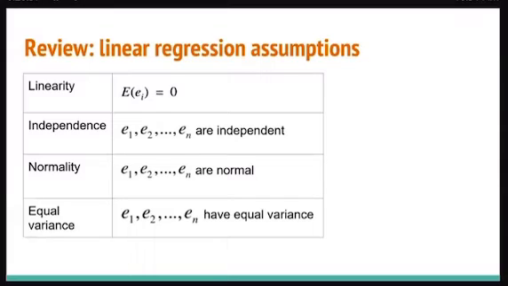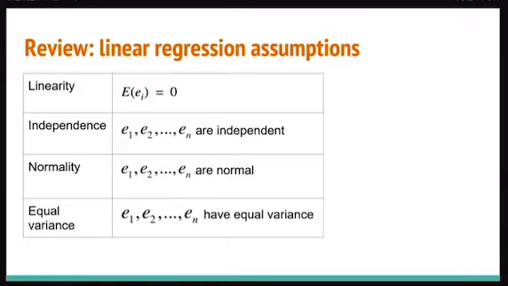Number two is independence. Number three is normality. Number four is equal variance. Before we can trust our linear regression model, all these assumptions must hold. And you can see all these assumptions are centered on the error.